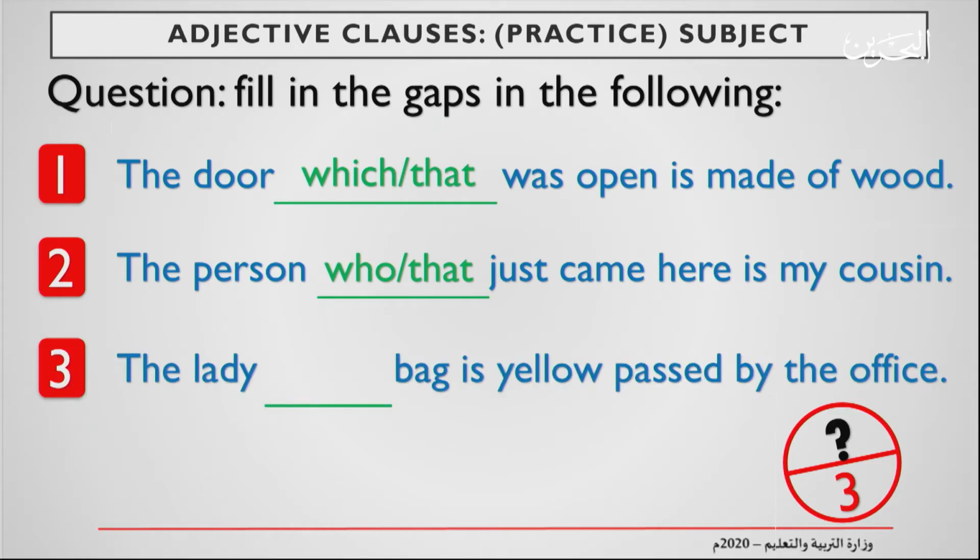The lady gap bag is yellow passed by the office. Use a relative pronoun. 5 seconds. Okay, let's check the answer. The answer is whose. The lady whose bag. This is possession. Whose bag is yellow passed by the office. Now give yourself a mark of 3 and let's carry on.